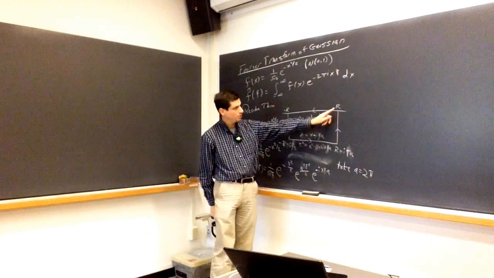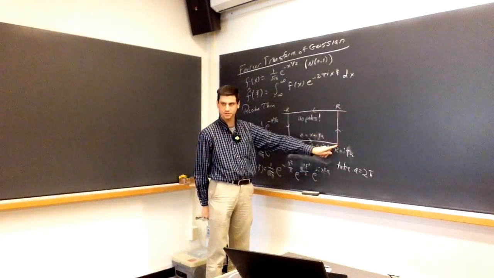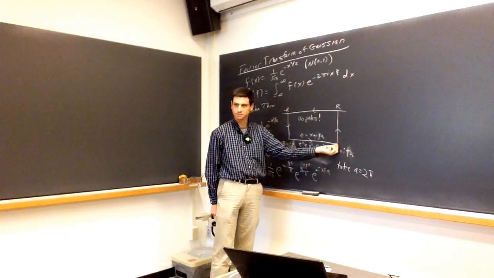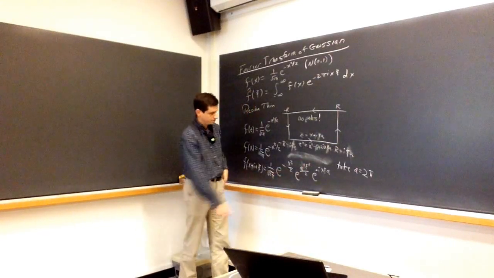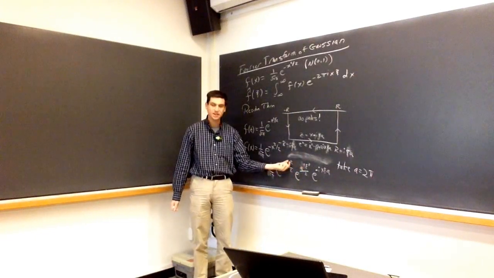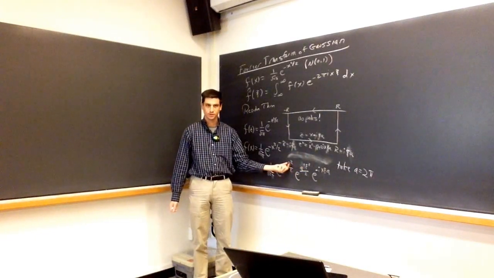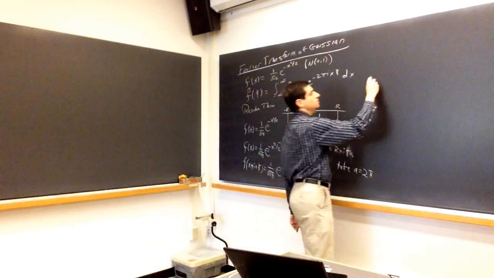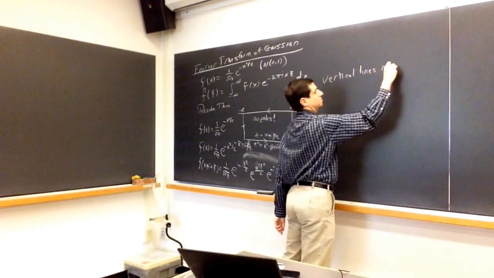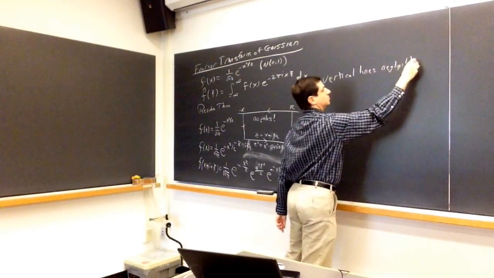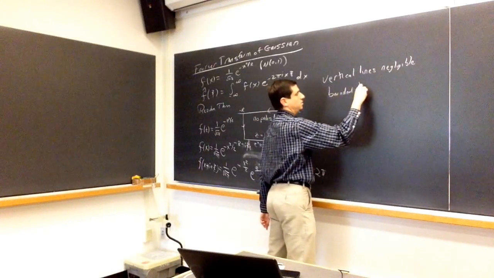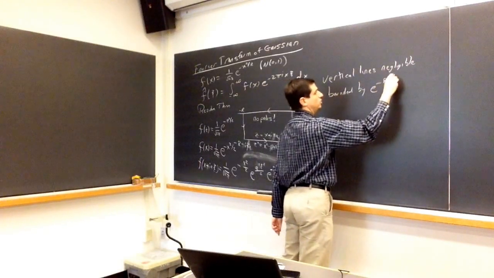Well, in the vertical components, x is going to be equal to r. And y is going to be at most c. So as r goes to infinity, this part can be growing, but we're going to have an e to the negative x squared. So vertical lines are negligible. It's bounded by e to the negative r squared over 2.